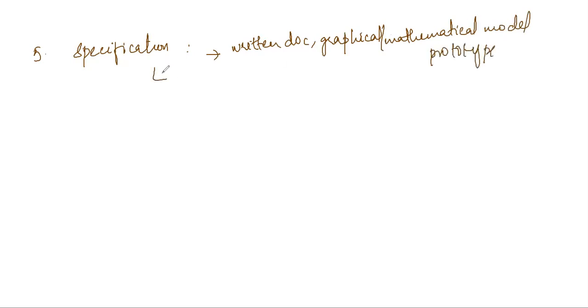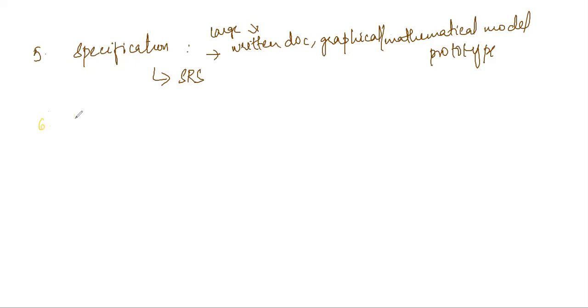Within the specifications, you're going to develop the software requirement specification, the template that we've discussed: the introduction, the features, technical requirements, non-technical requirements, all of these are going to be identified. For large projects, you're going to make use of this written document.